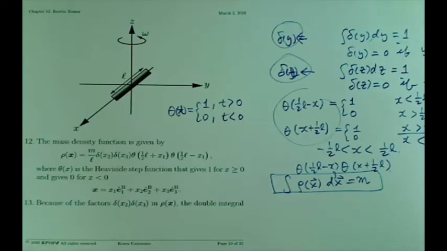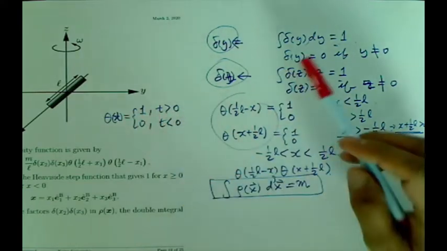In this calculation, the mass distribution can be expressed in terms of theta and Dirac delta functions. As you know, the values of y and z are all 0 except at these points. So it is very good to use the delta function.